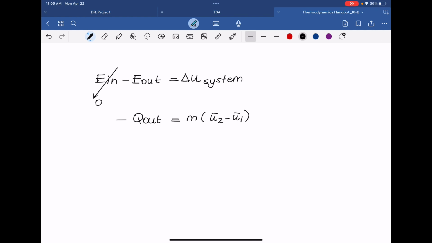So heat that is getting out is causing a change in the internal energy of your system. So if we plug the numbers in, getting rid of that negative sign, from the tables we found U1 and U2.